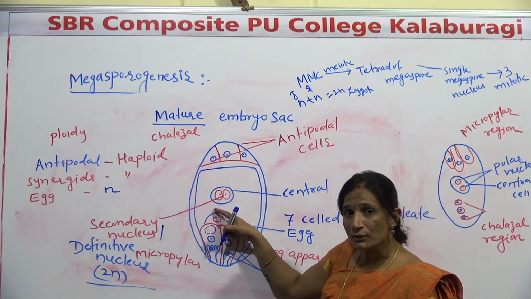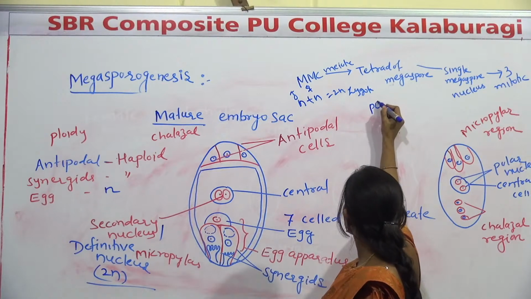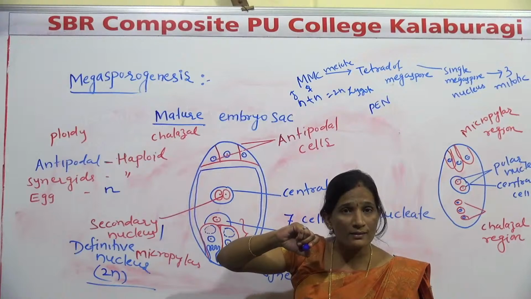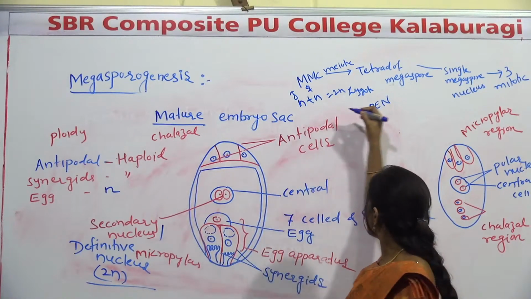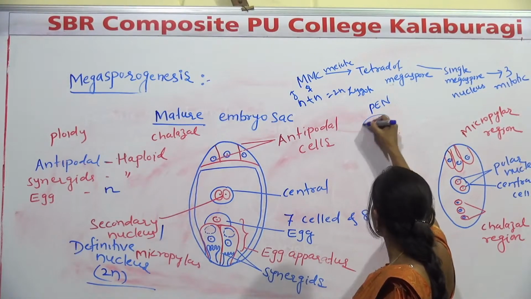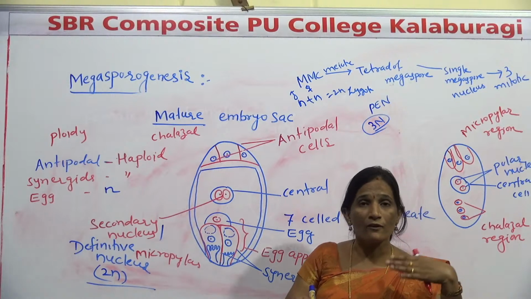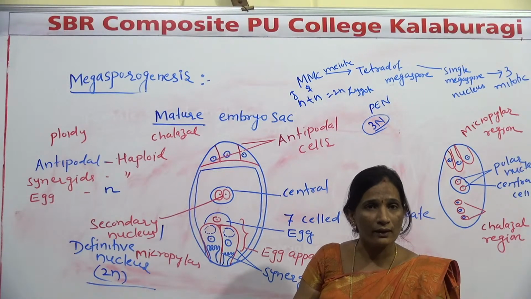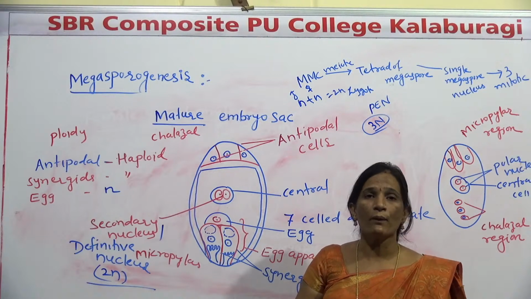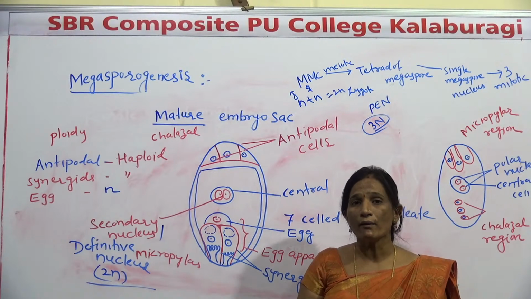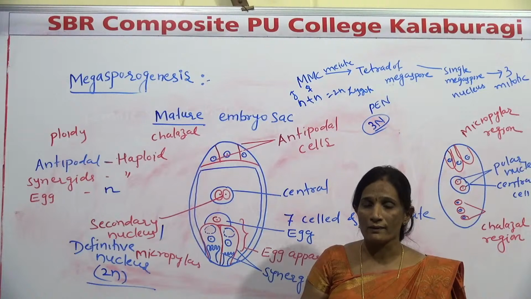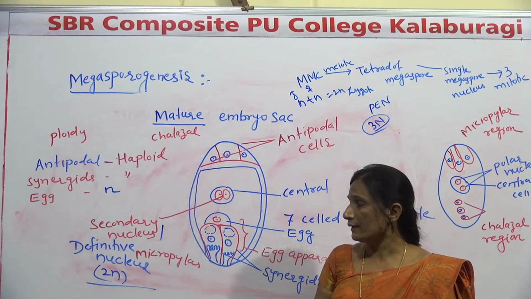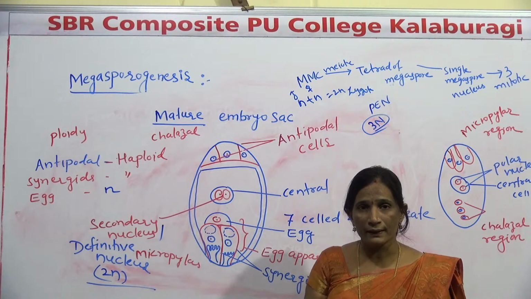It results in the formation of the primary endosperm nucleus, which is 3N, triploid. The primary endosperm nucleus develops into the endosperm. The zygote develops into the embryo. So you should remember the ploidy of the synergid, antipodal cells, egg cell, and the secondary nucleus. Is it clear?